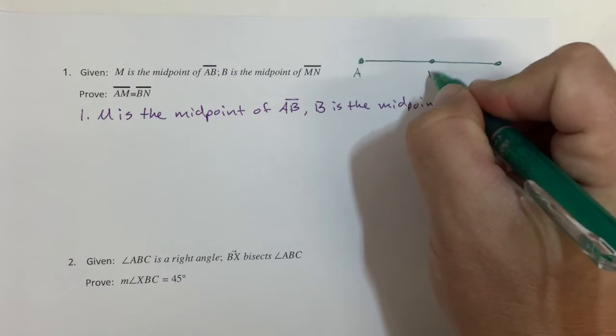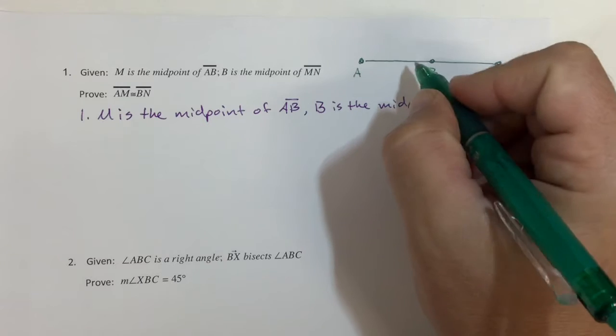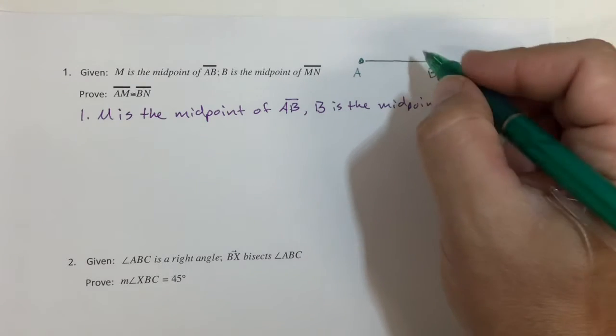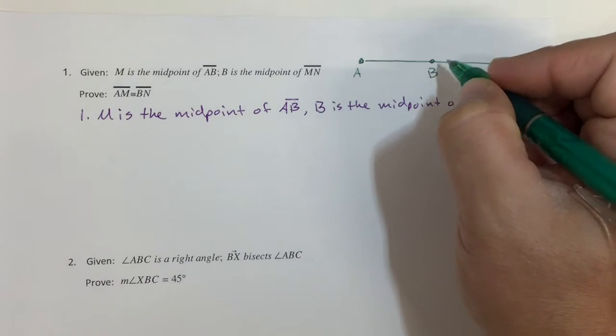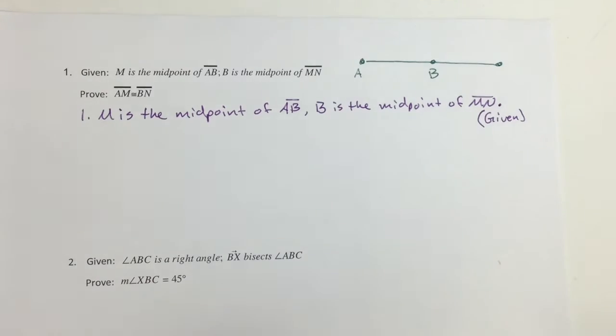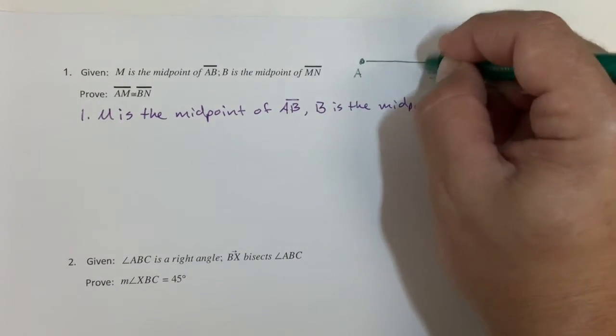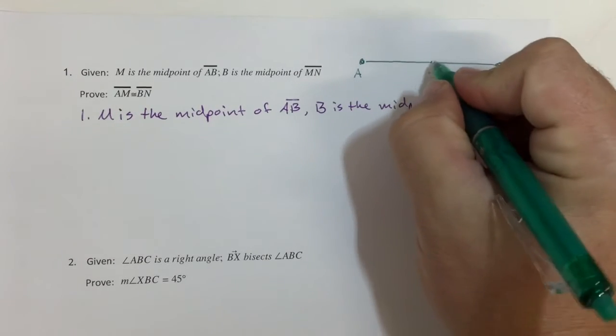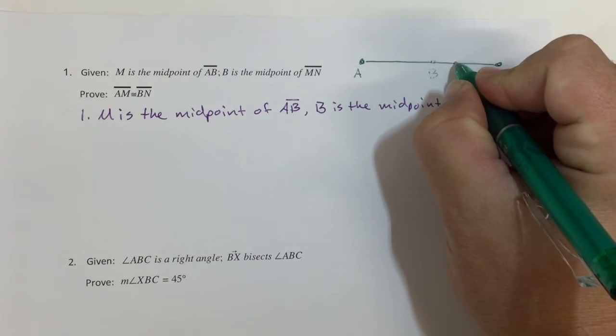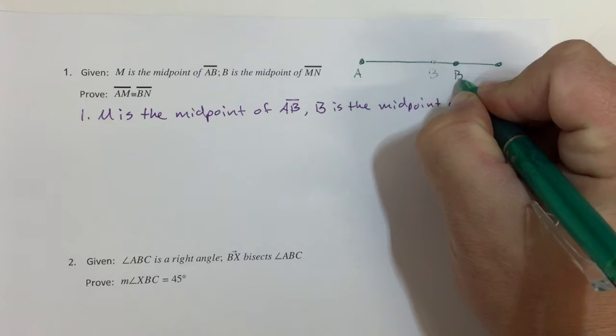I'm going to put B right there. M is the midpoint. I'm actually going to back up a little bit. I'm going to move B. Sorry about that. We're going to move B right there.